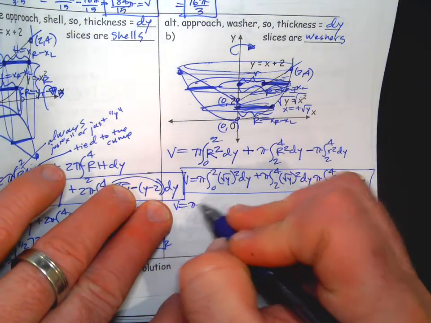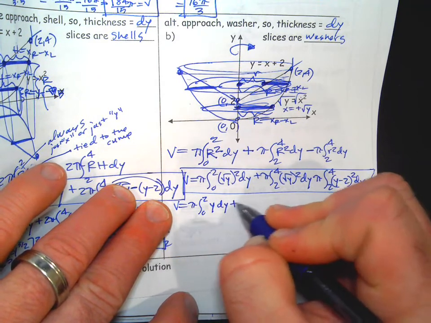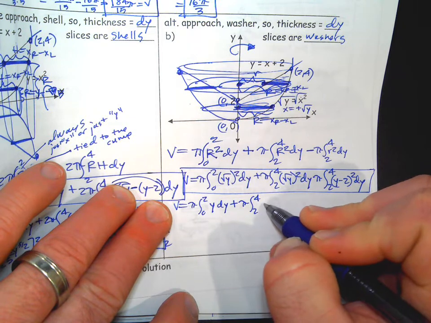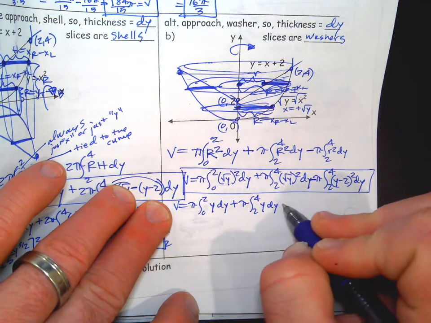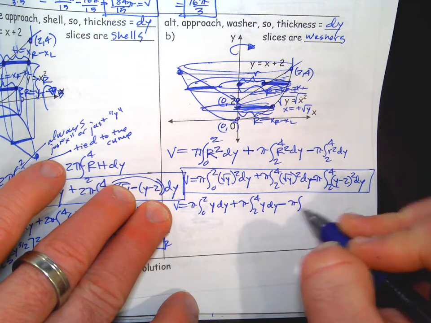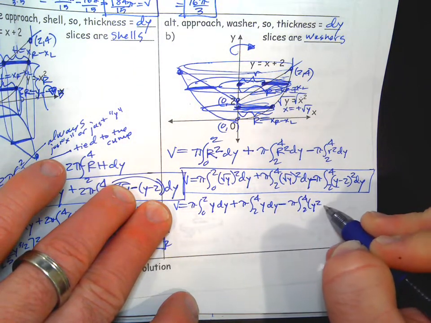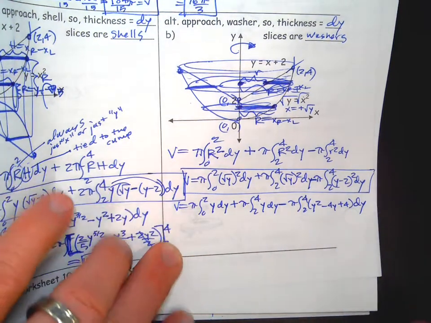And even if you're going to type it in your calculator, it would probably be worth it to go ahead and simplify it a little bit. All right, square root of y squared is just y. This, you'd FOIL it, y squared minus 4y plus 4. So that's a little simpler.